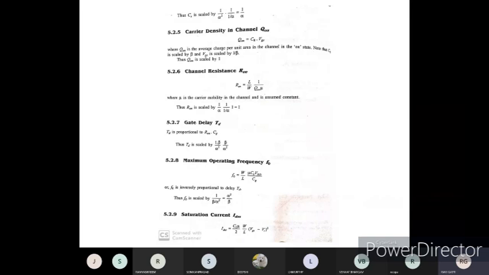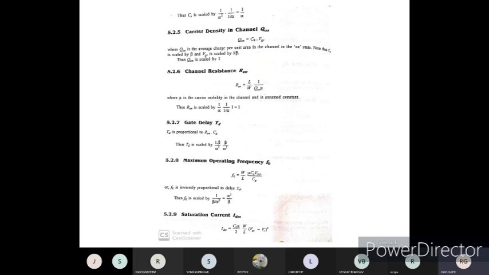So alpha and alpha cancel out, and the channel resistance will be 1. I request all the students to remember that carrier density in channel and channel resistance R on have a scaling factor equal to 1.